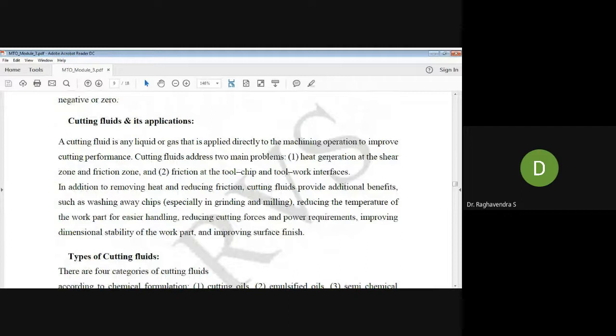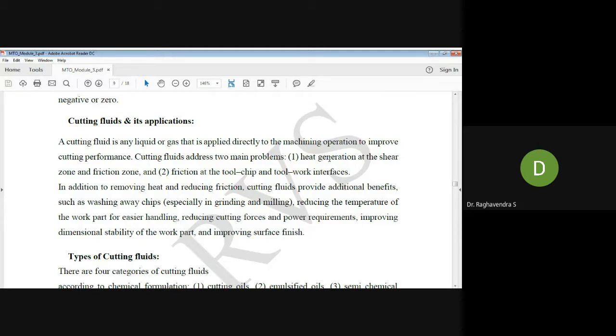Cutting fluid is a liquid or gas that is applied directly to the machining operation to improve the cutting performance.